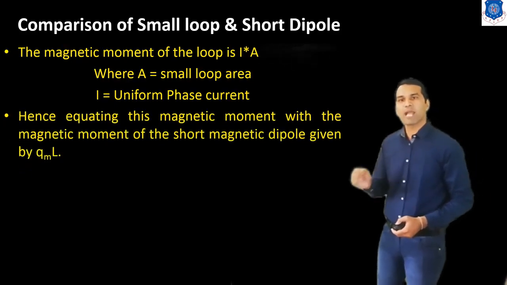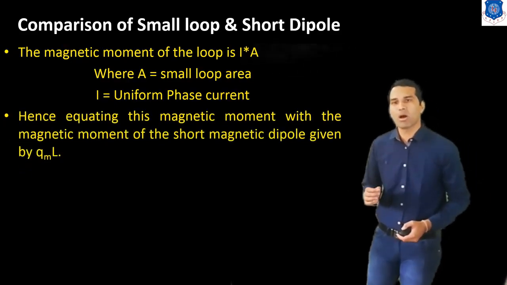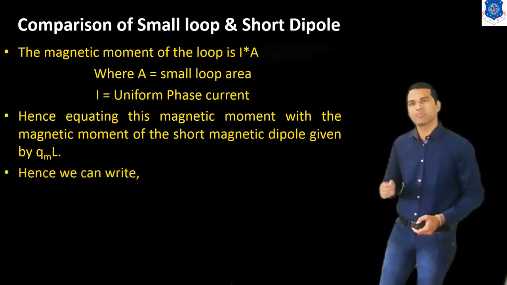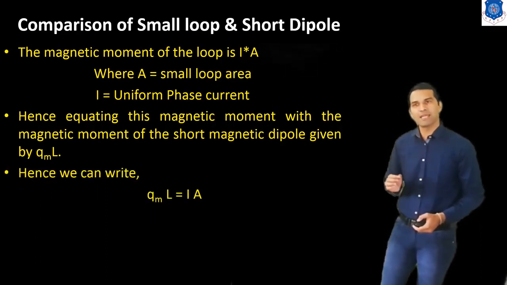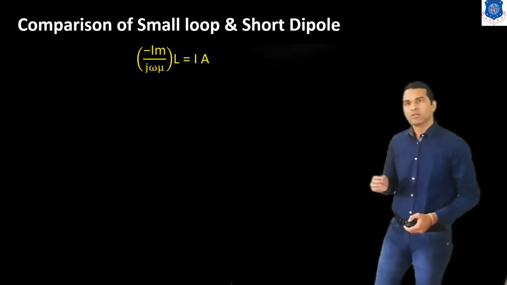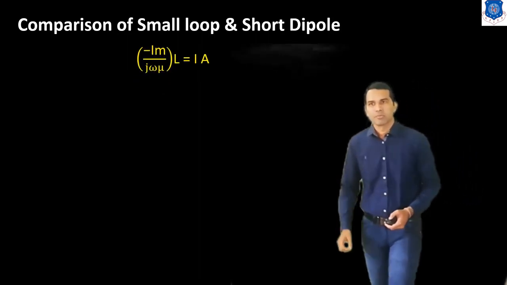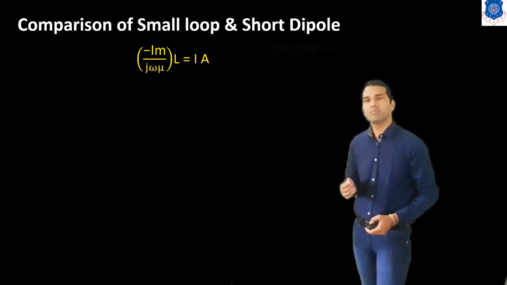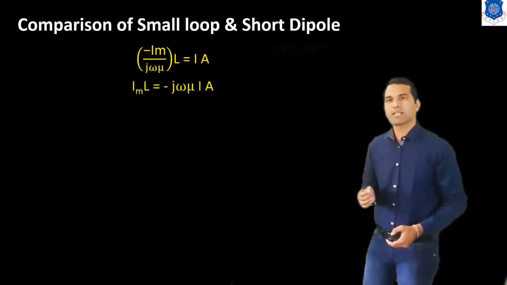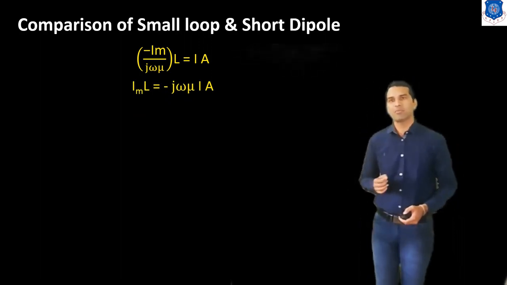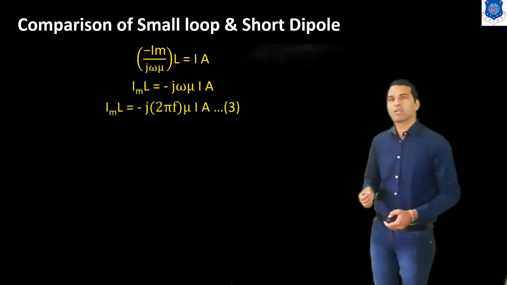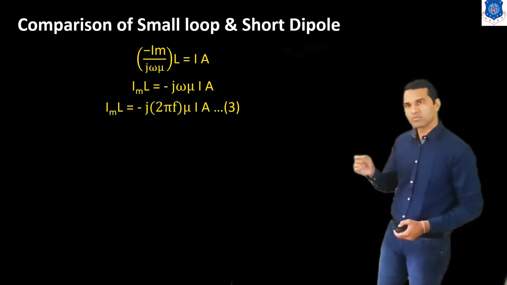Hence, equating this magnetic moment with the magnetic moment of the short magnetic dipole, given by Qm into L, we can write Qm into L is equal to I into A. Now putting in the value of Qm, we get minus Im upon j omega mu into L is equal to I into A. Now we can write this equation as Im into L is equal to minus j omega mu I A. And we know that omega is nothing but 2 pi f, so we place the value of omega.